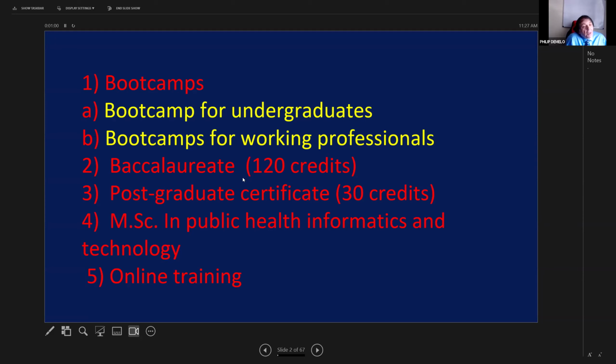Then we have the baccalaureate, which is 120 credits, a 4-year program. Then we have the postgraduate certificate. It is 30 credits for a 1-year program. Some universities do it for 6 months or longer. Then there is the master's in public health informatics and technology. Some universities have this program.